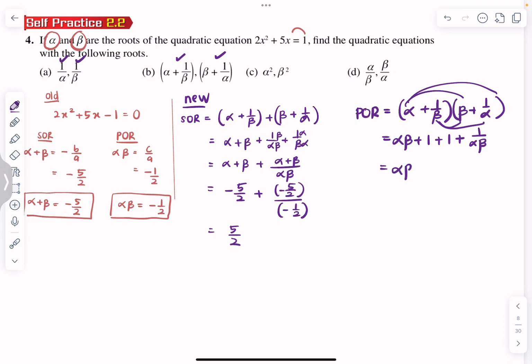So alpha beta plus 1 over alpha beta plus 2, basically. Then we just put the value of alpha beta into here and here. We get negative 1 over 2 plus 1 over negative 1 over 2 plus 2.